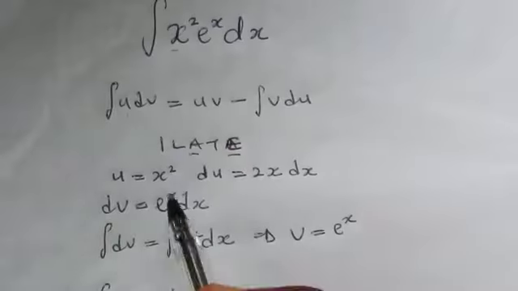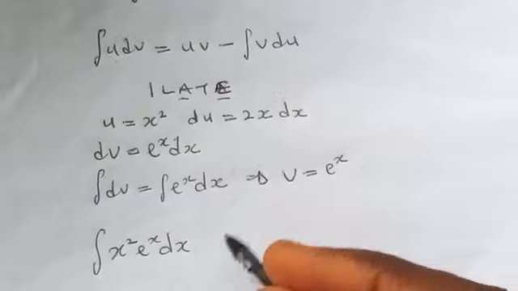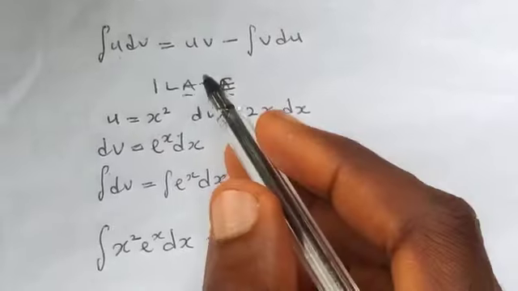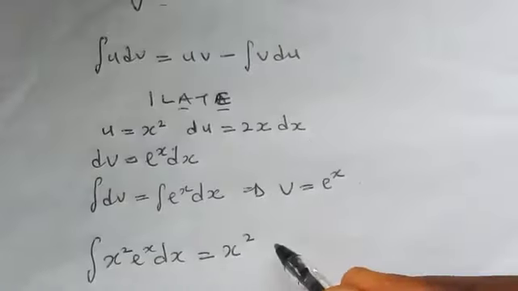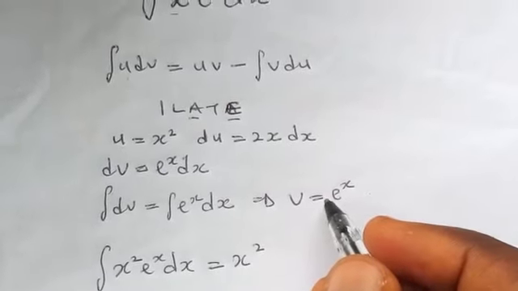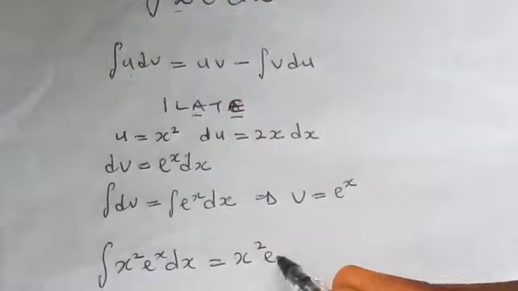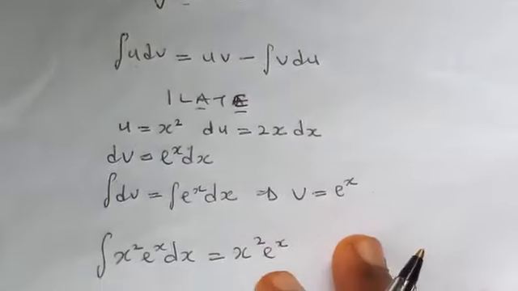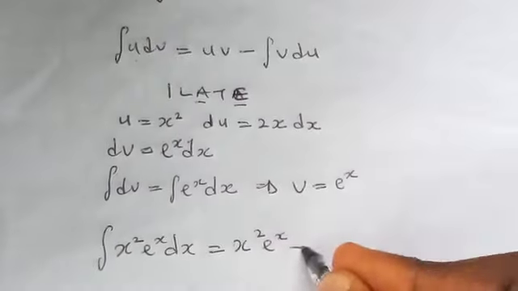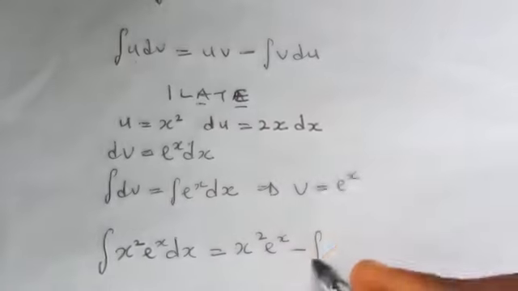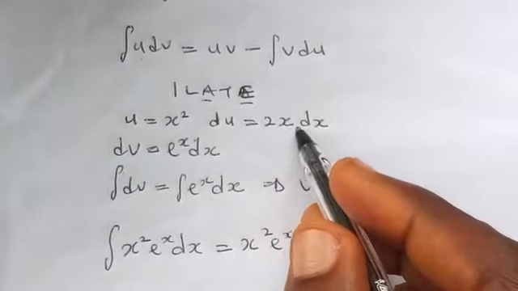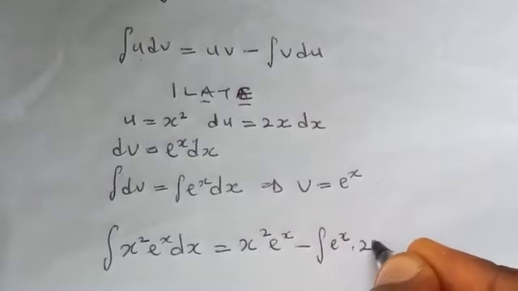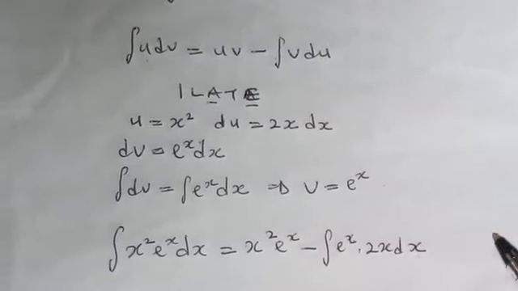So this is our question, which is equal to u, which is x raised to power 2, times v, which is e raised to power x, minus integral of v, which is e raised to power x, times du, which is 2x dx.